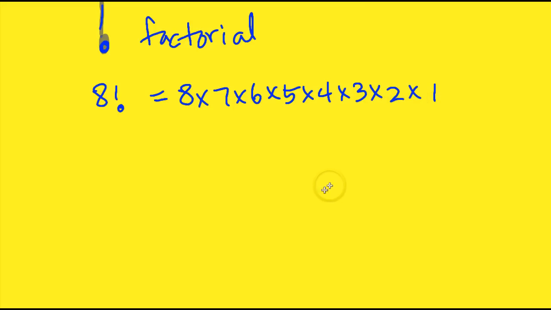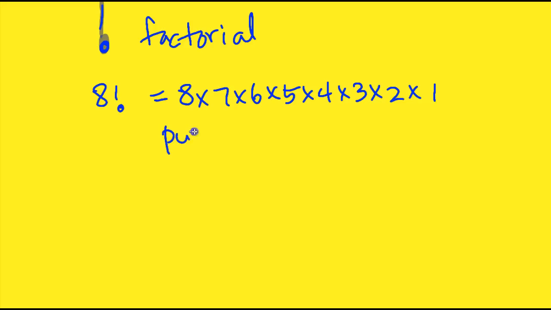Okay, so when do we use a factorial? We use this when we try to figure out how many different ways we can put 7 dolls in different order.